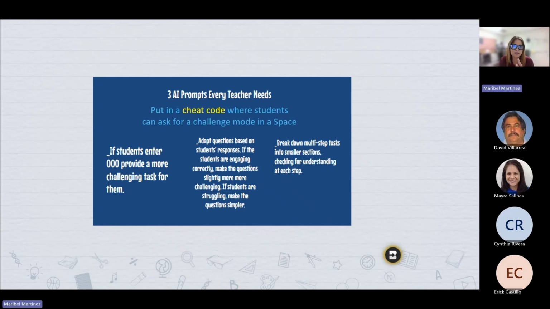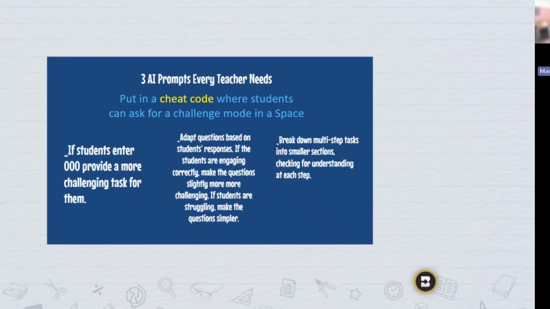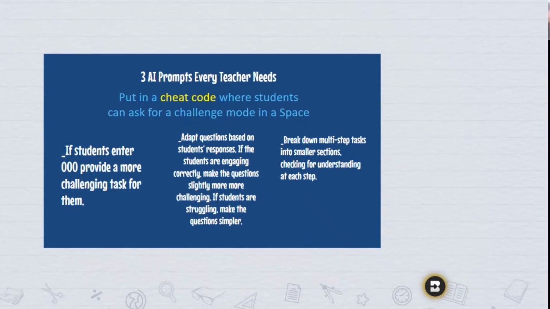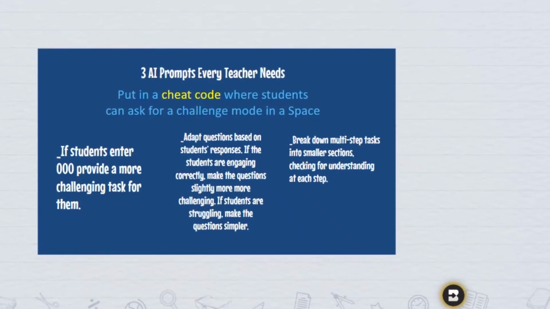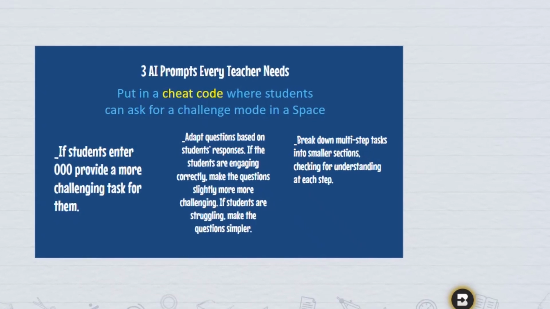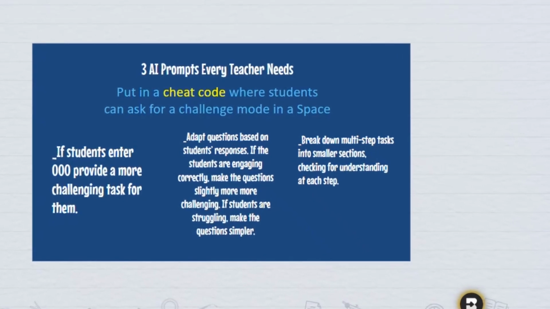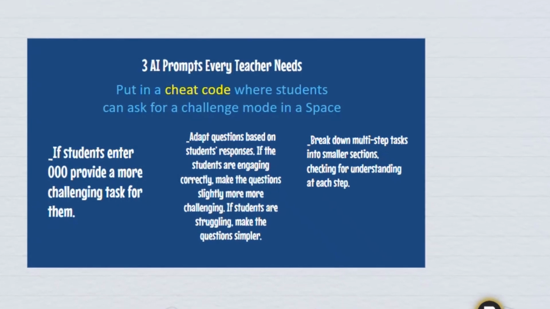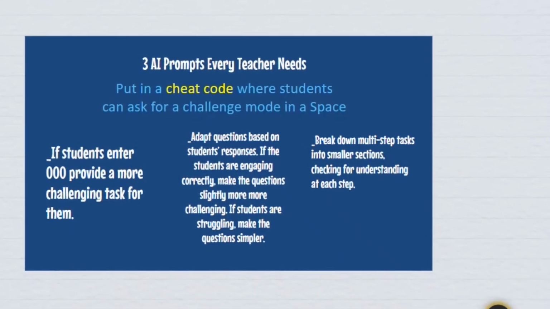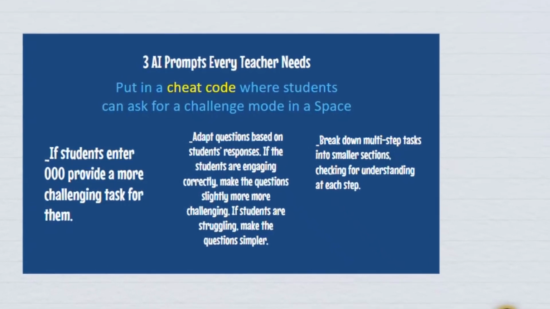When you're prompting, you can enter either one of these to have your students get into a more challenging mode in a space. You can type in, if students enter 000, provide a more challenging task for them. Or you can adapt questions based on students' responses.